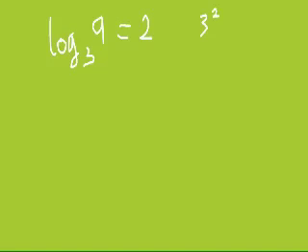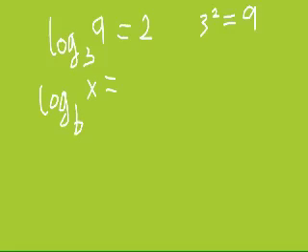Let's take a few more examples. If we want the log base 3 of 9, that's going to be 2. Why? Because 3 squared is equal to 9. And let's just think about it in abstract terms. If I have the log base b of x equal to 5, what is the equivalent way of writing this equation?